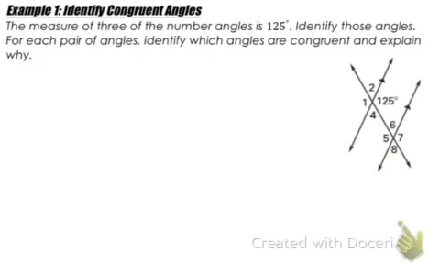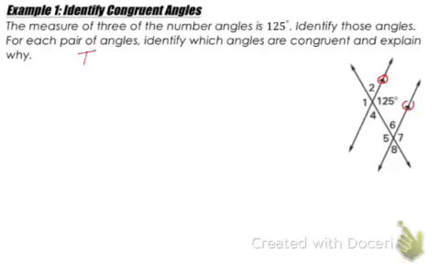In example 1, identifying congruent angles, the measure of three of the numbered angles is 125. Identify those angles, and then for each pair of angles, identify which angles are congruent and explain why. So we first notice in our diagram that we have two arrowheads on the lines that indicate that they are parallel.